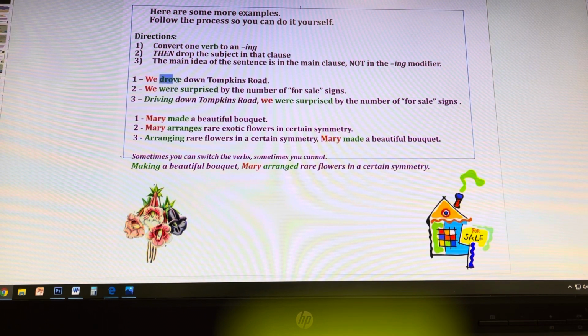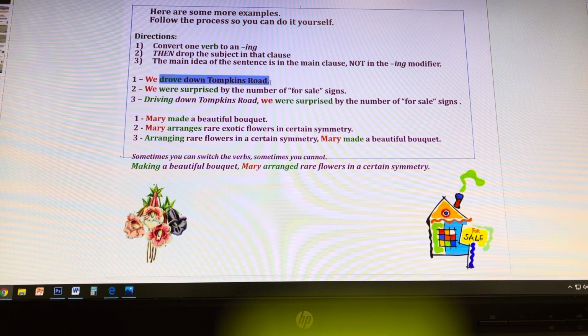So if you have to begin with the driving, which we do, we're going to change the first verb into an ing, which is driving. We're going to drop the we of the first one because we don't need two of them. So it's going to become driving down Tompkins Road, comma, which is what we have here.